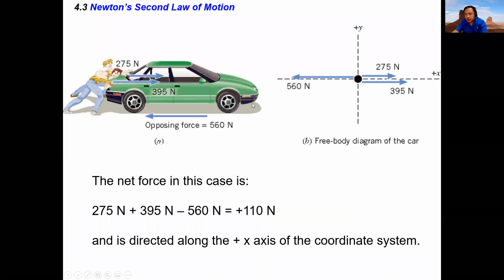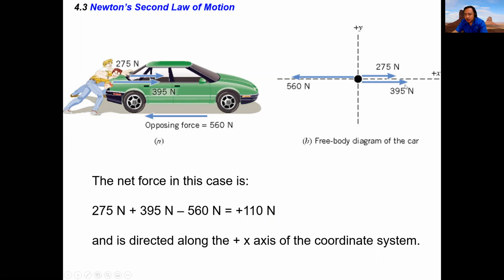So here, if you want to get the net force, since they are all on the x-axis, all you need to do is add them and affix their signs. If it's towards the negative x-axis, it's negative.